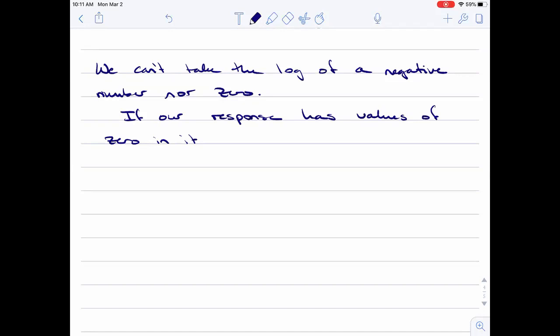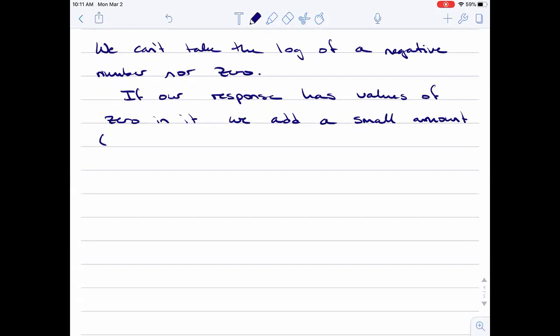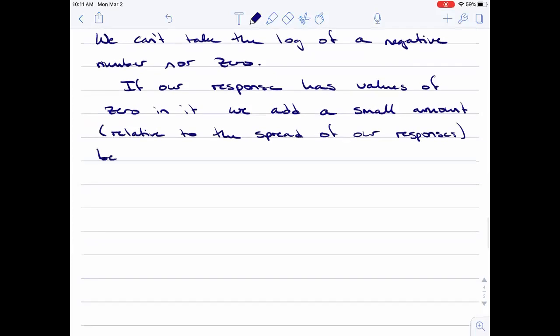And so if our response has values of 0 in it, we add a small amount, relative to the spread of our responses, before we take the log.